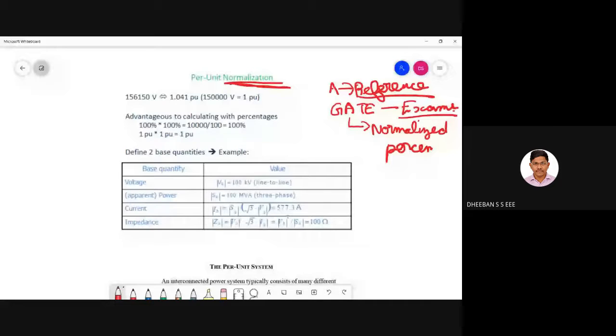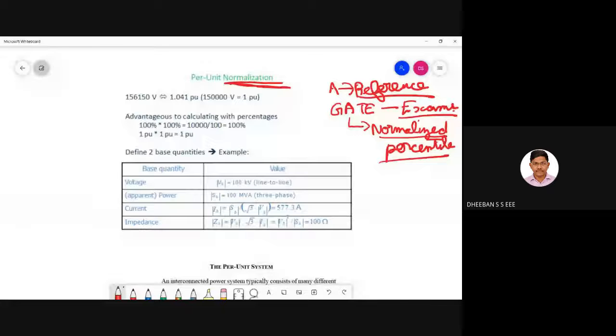That is how they put out the rank and the marking system: they take the topmost candidate's mark. For example, the GATE exam is written for nearly 65 marks.